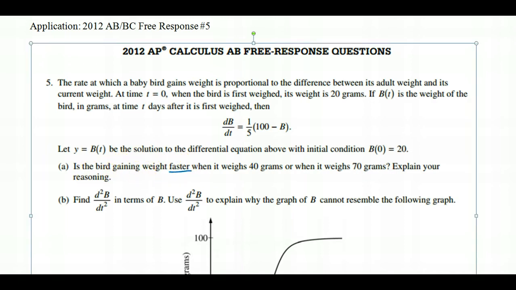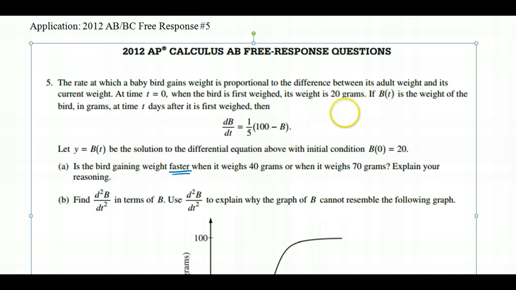So when you see this word faster, you should think rate. And when you think rate, you think derivative. So for part A, we need to substitute in 40 grams into B to find the rate at which the bird was gaining weight when the weight was 40 grams.